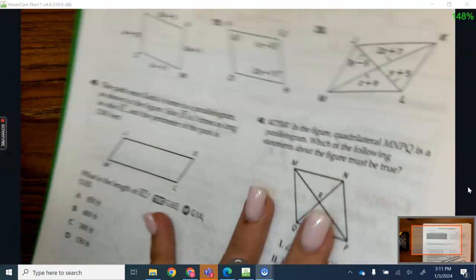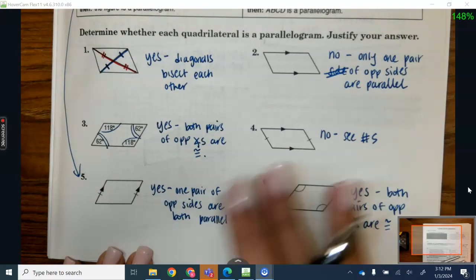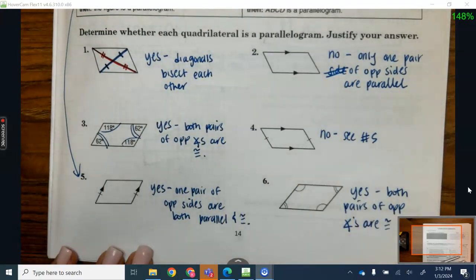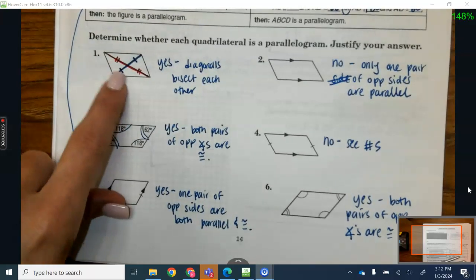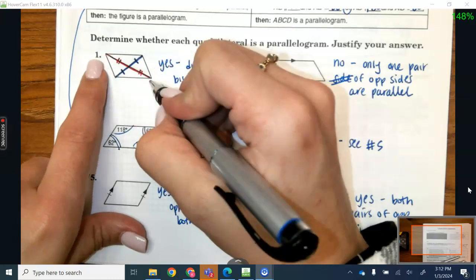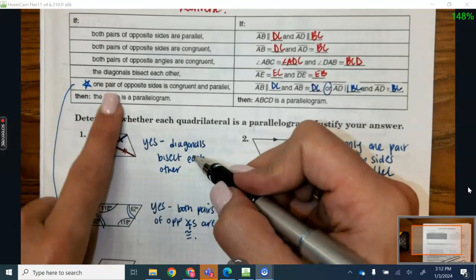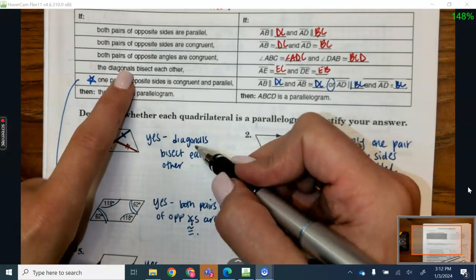So if I go back and look at these pictures, does any of these seem like there's a midpoint somewhere? Well, this kind of looks similar. Here's a line cut into 2 equal parts, and here's another line cut into 2 equal parts. Meaning, this property, the diagonals bisect each other.